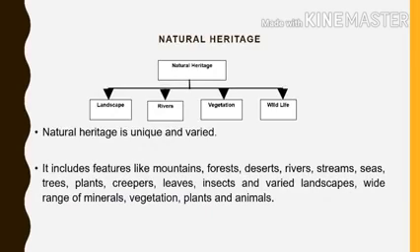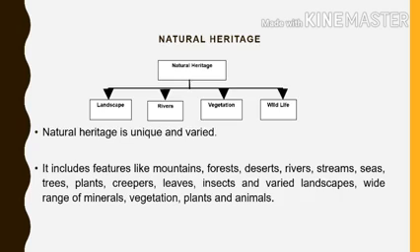The heritage of India is divided into two: natural heritage of India and cultural heritage of India. Natural heritage of India is unique, that means one of its kind, and it is varied.